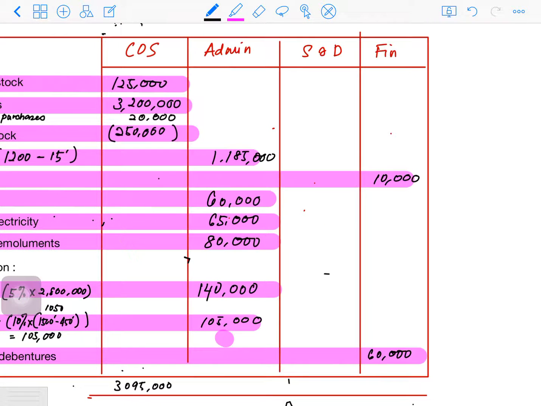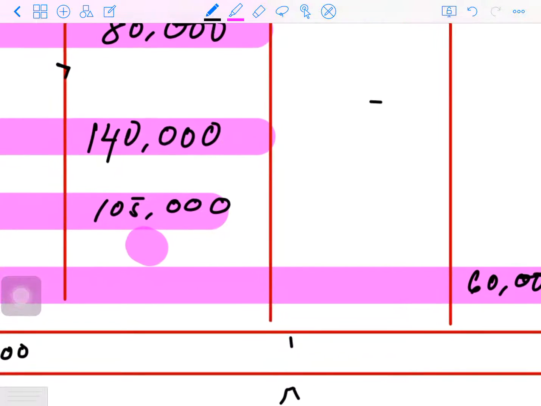Admin: 1185 plus 60 plus 65 plus 80 plus 140 plus 105. So you get 1635.